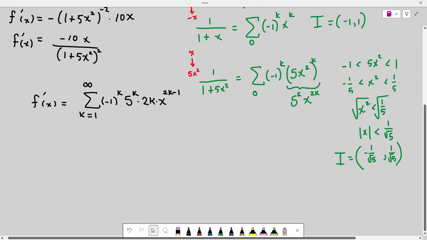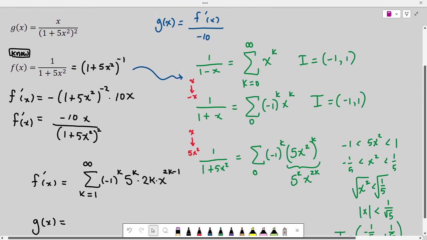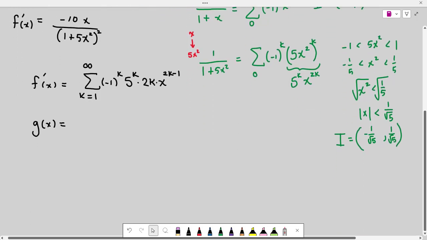Now the power series for g, we said to get to g, we're going to take the power series for f prime and divide by negative 10. So multiply the entire sigma notation by -1 over 10. And this starts at 1. And we could do some simplification. We'll do it in 1 second.